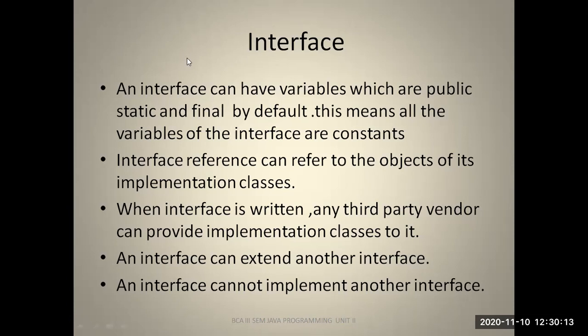As we said, for interfaces we cannot create objects, but we can create references for them. What is the speciality of creating references for interfaces or abstract classes? Whenever you create a reference for an interface, it does not need specified memory.